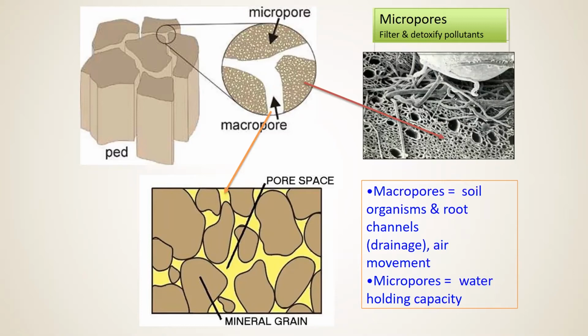So it has to be moved physically out of there by some outside force besides gravity. The micropores are also responsible for how soil filters and detoxifies pollutants out of water. And those are the primary functions of macro and micropores.